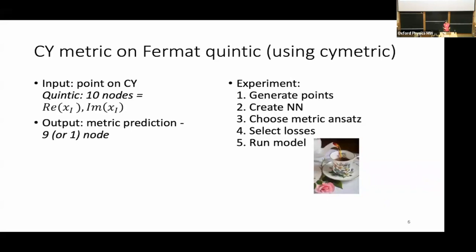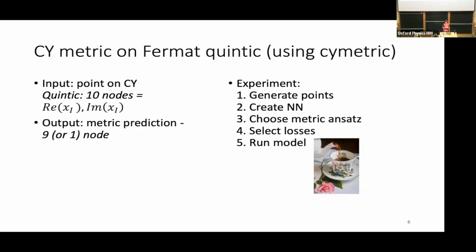So our input for this package is that we will take points on the Calabi-Yau. This means that our neural net should have an input layer with 10 nodes, which are the real and imaginary values of the coordinates of the point. And you might say, okay, dealing with a Calabi-Yau threefold, should I just input 6 values, because it's just 3 local coordinates?